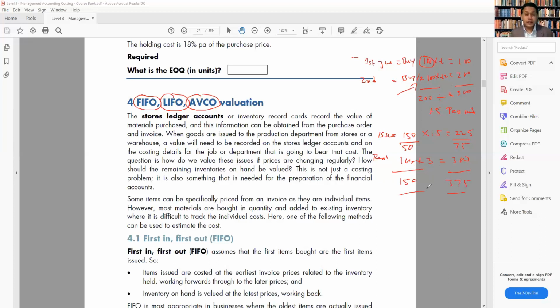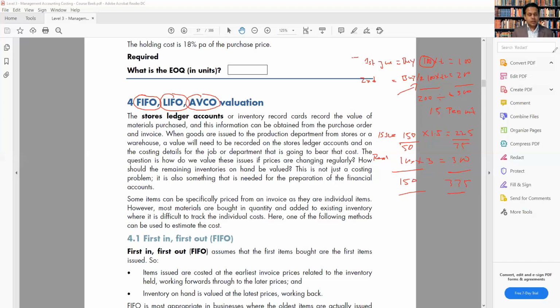So that's how we can carry on all these methods. It's just the idea. We'll do some exercises, we'll understand more, but that's how the inventory valuation system works: FIFO, LIFO, and AFCO. FIFO is using the first one first, LIFO is the last one first, and AFCO is basically the average value we take.